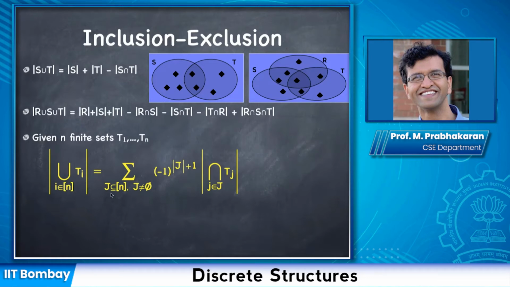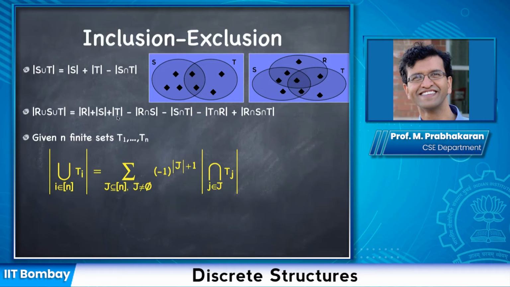You need to go over every subset of 1 to n, so every collection of some number of sets, every non-empty collection, and you need to add or subtract, so include or exclude, the intersection size. So here, for instance, n equals 3, and there are 8 possible subsets of these 3 sets. We are interested in non-empty subsets, so there are 7 of them, and those are the 7 that you see here.